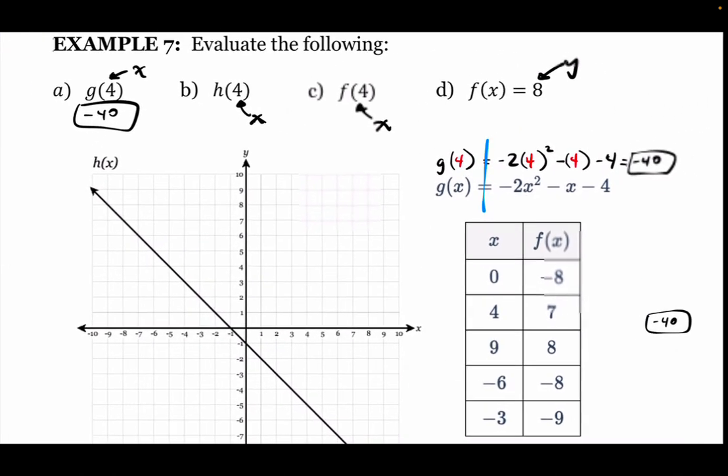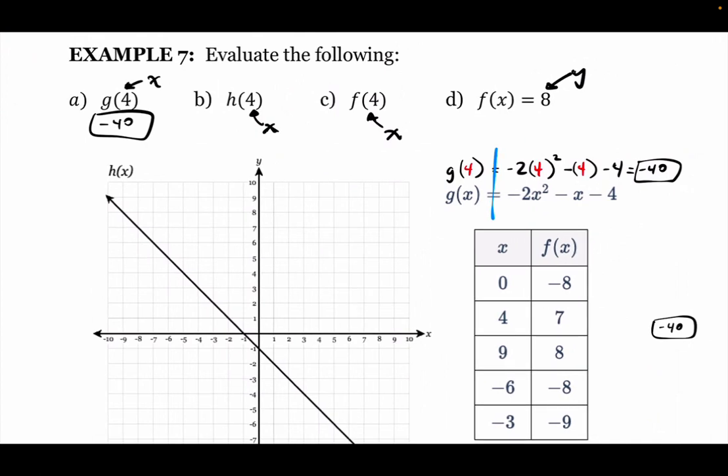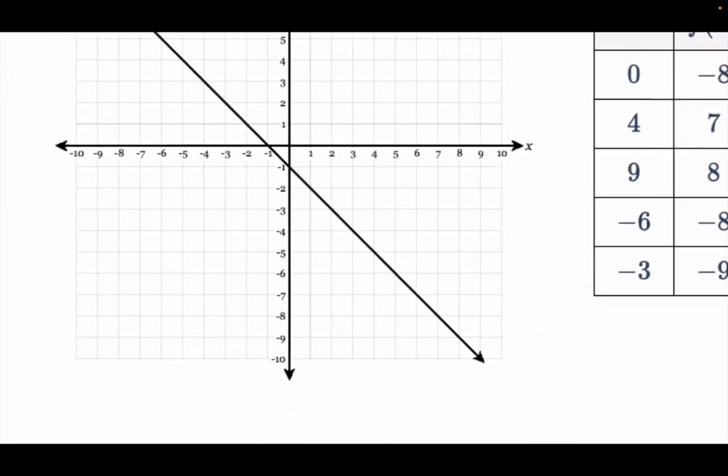Second one, h of 4. Well, h is the graph, and x is 4. So with my pencil, let me go figure out where that is. Right there. Where's the graph? Up or down? Down, right? Yep, negative 5.